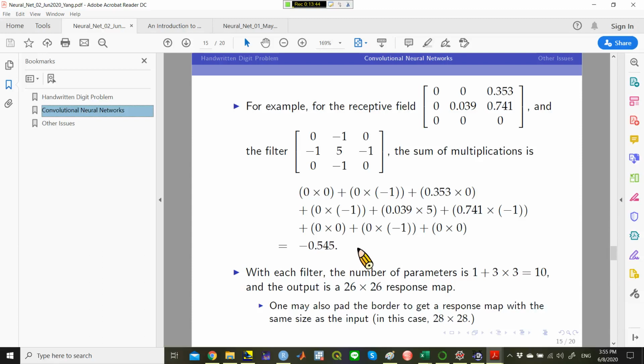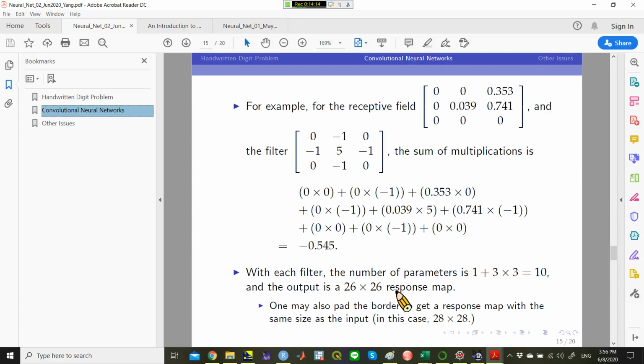And in this case, we transform our 28 by 28 input into a 26 by 26 times 32 tensor, or 32 different 26 by 26 response maps. In the problem we are working on, this is good enough.